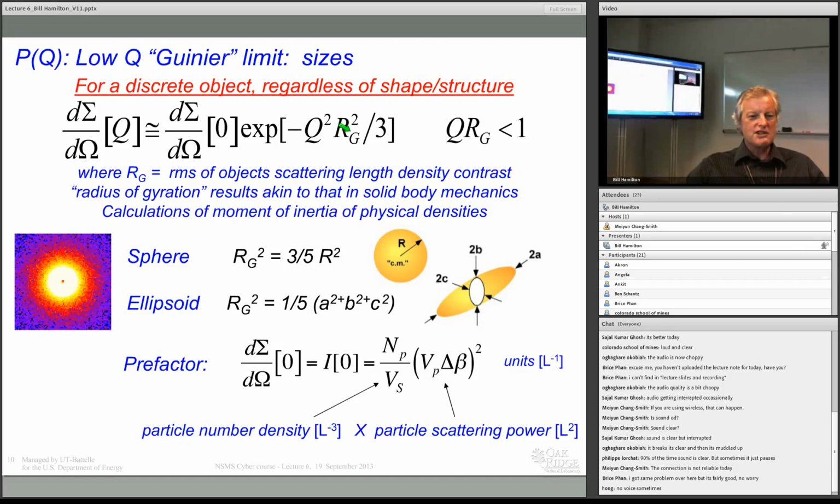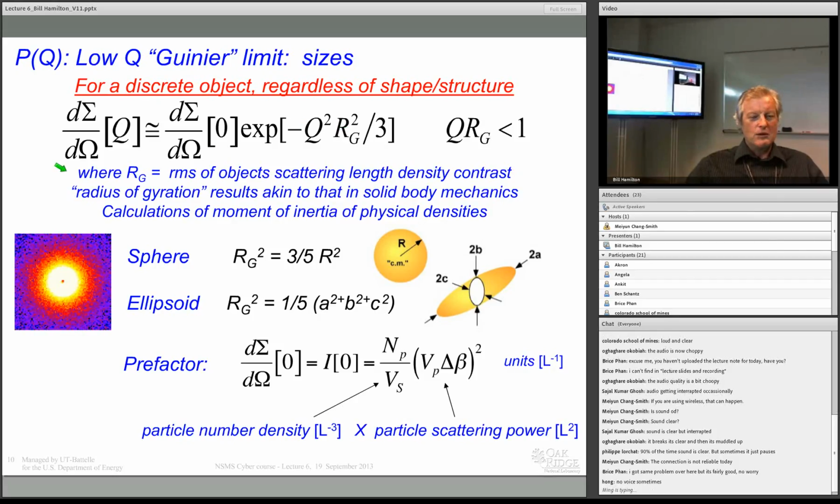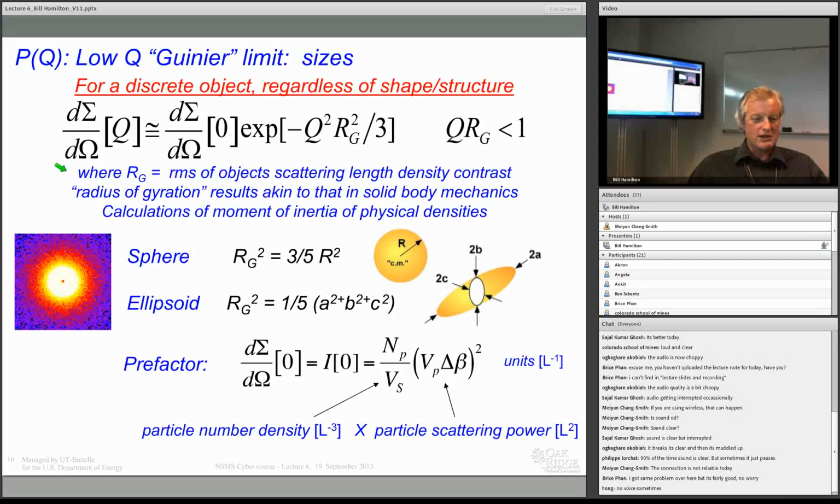And this Rg squared, well, Rg is simply the root mean square of the scattering length density contrast of the object. And we keep calling it the radius of gyration.